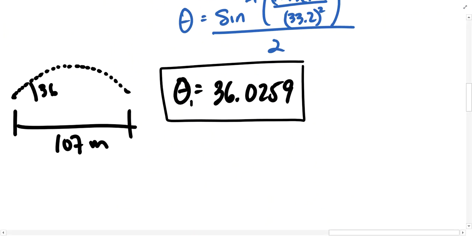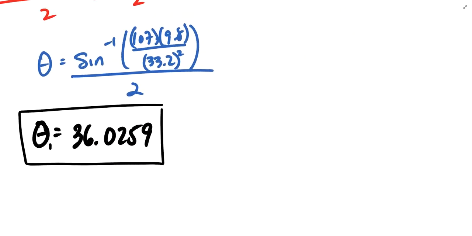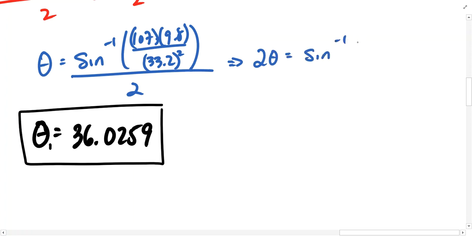There are a couple ways to obtain the second answer, but what I'm going to do is come back to this expression here, and before we divide by 2, we had something that looked like this. 2 theta was equal to sine inverse of this expression.